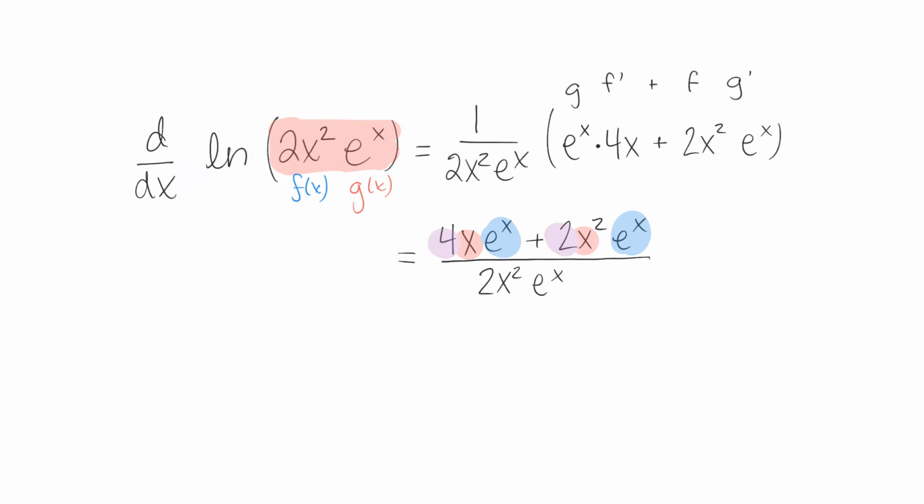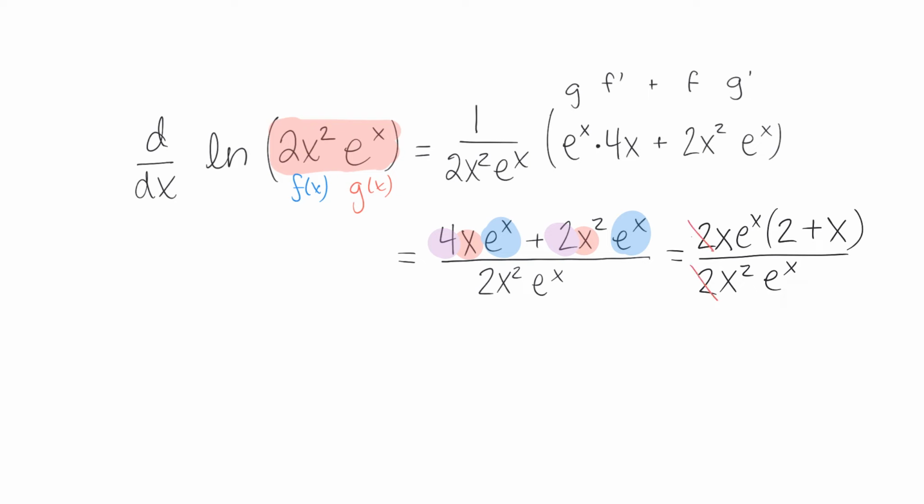So I've got a lot of stuff I'm going to factor out. I'm going to factor out a 2, an x, and an e to the x. And what does that leave me? That leaves me a 2 plus x. And in the denominator, I have 2x squared e to the x.